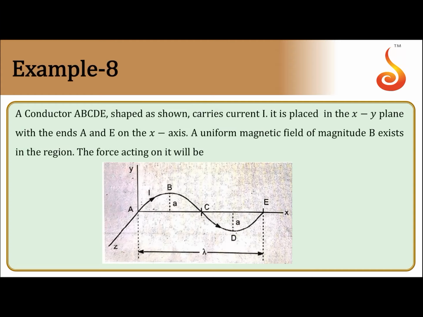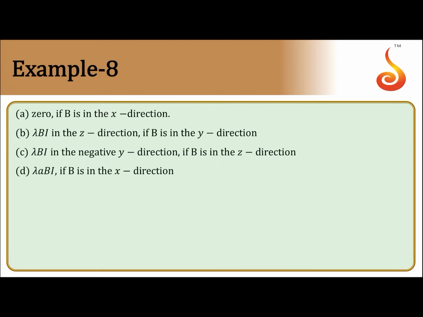The force acting on it will be, what are the options? Direction is given here: 0 if B is in the x direction, lambda B I in the z direction if B is in the y direction, lambda B I in the negative y direction if B is in the z direction, and then lambda A B I.